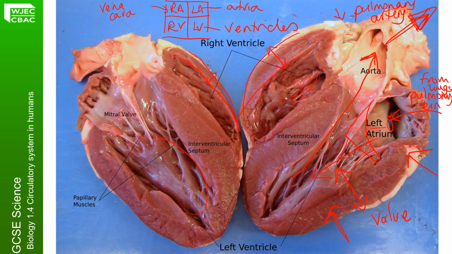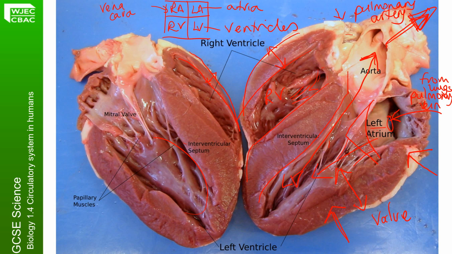Now, the other thing I want to point out on this cross-section through this heart is this bit in the middle. This bit in the middle separates the right ventricle from the left ventricle, and it's a big wall. It stops the blood mixing from the left side and the right side.